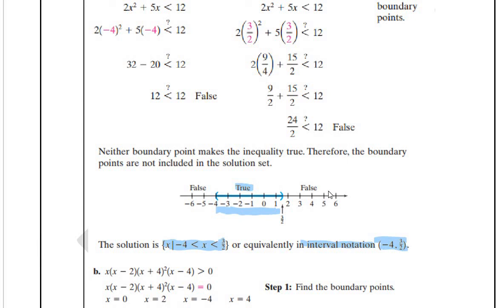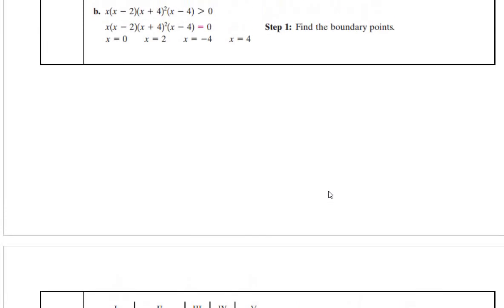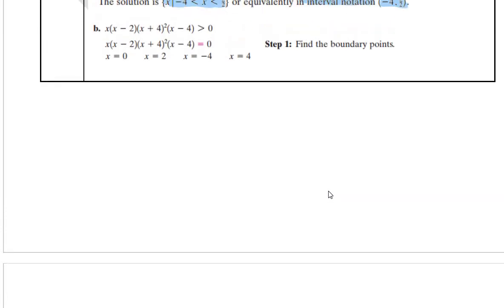Okay, so let's look now at the second one here, the one we were just discussing before we got here. So to the second one, it's number B now. We did it in the first part there, and there we had those 4 places on the number line that we did in the first one.